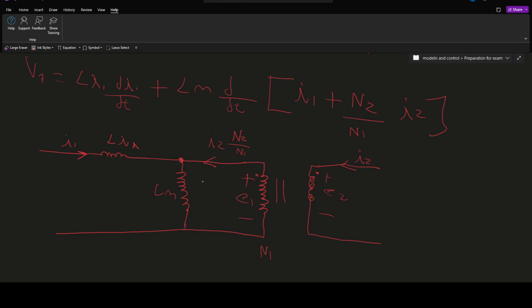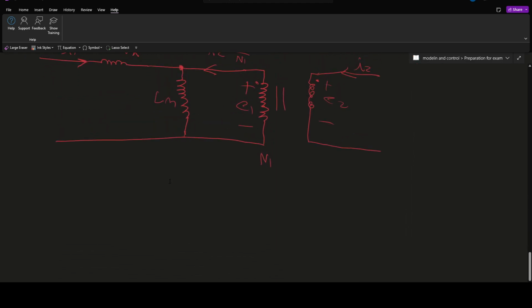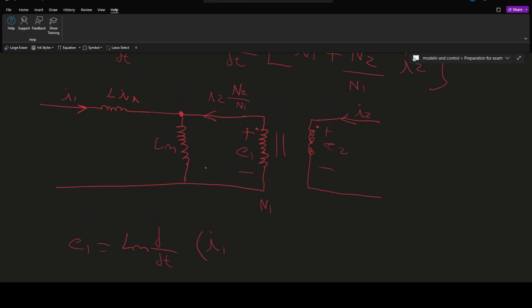Now we need to figure out what's going to be the voltage here, and so we can do something similar. So we know that now if we look at this EMF one, it is Lm d/dt, and we have I1 going here.